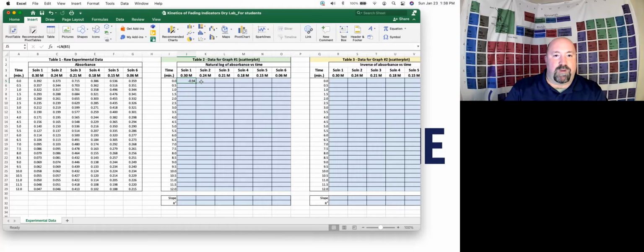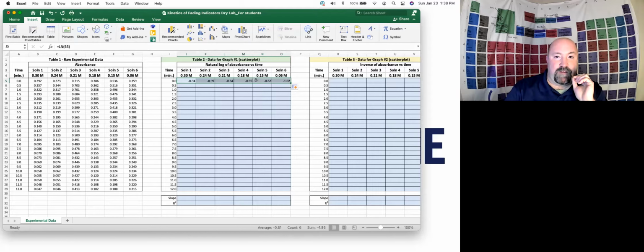But then watch this. If you haven't seen this in Excel, and Google Sheets is similar, you see that little square down in the lower right-hand corner? If I grab that and drag it over to the rest of these cells, it's going to copy that equation into all of these cells, but using the appropriate cell from my initial data.